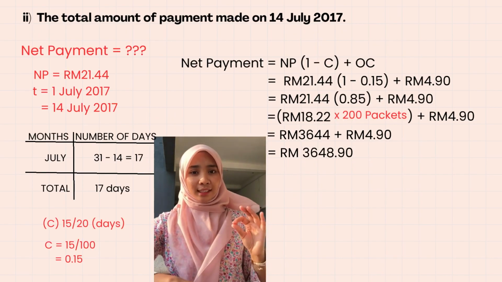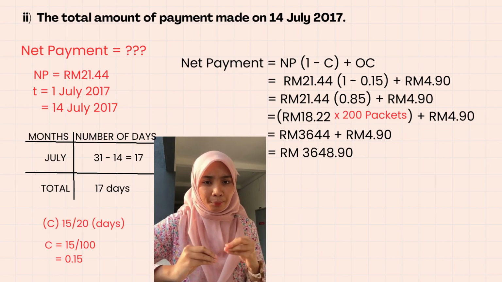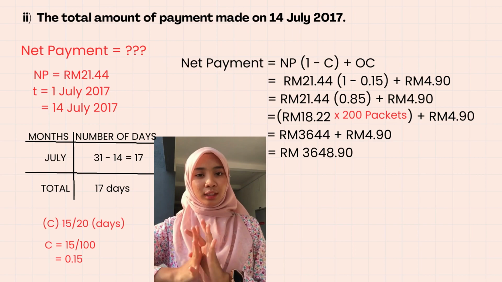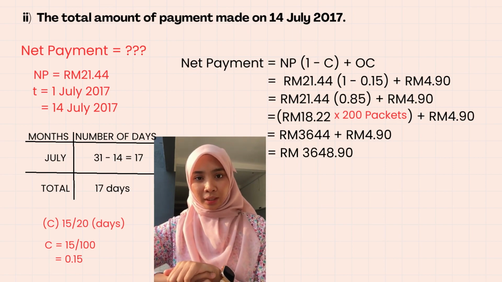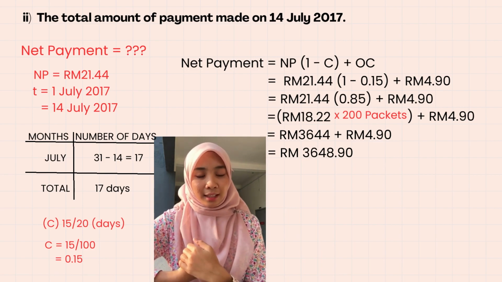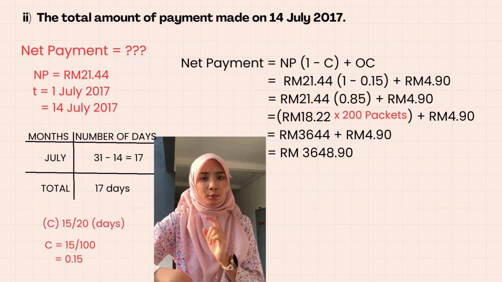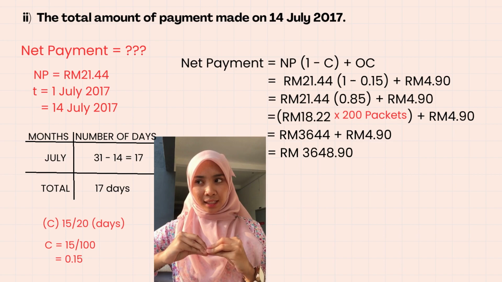Okay, the second and last question for this trade and cash discount is to find the total amount of payment made on 14 July 2017. To make this short, we need to find the net payment. There are also several formulas to find the net payment, and like always, we only use one formula, which is NP(1 - C) + OC.